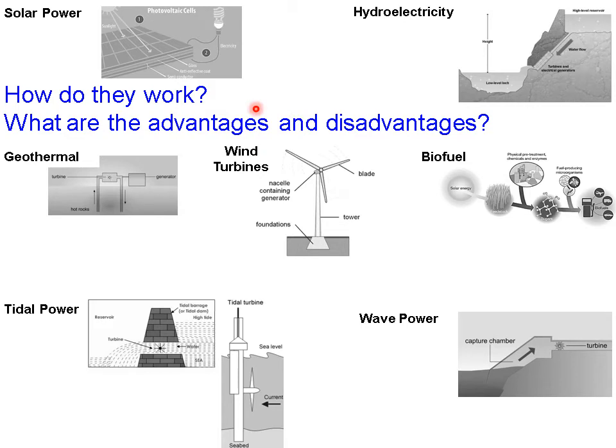You can do a little bit of research on the internet, but you need to write down a little bit about each one of these, and have a think as well about any that are location specific, so ones that can only be used in certain locations, and also about the availability of them. Some of them are available all the time and some of them are only available at certain times of the day. So try to include information about that as well.